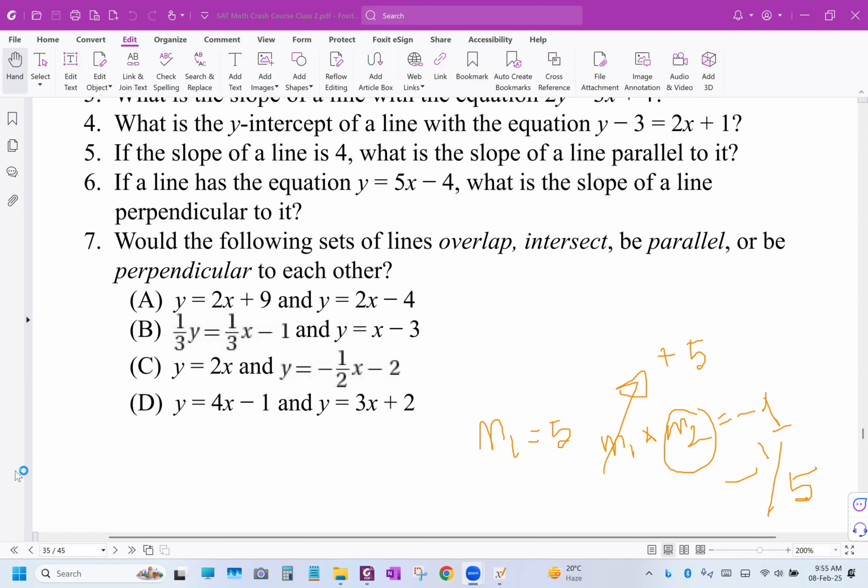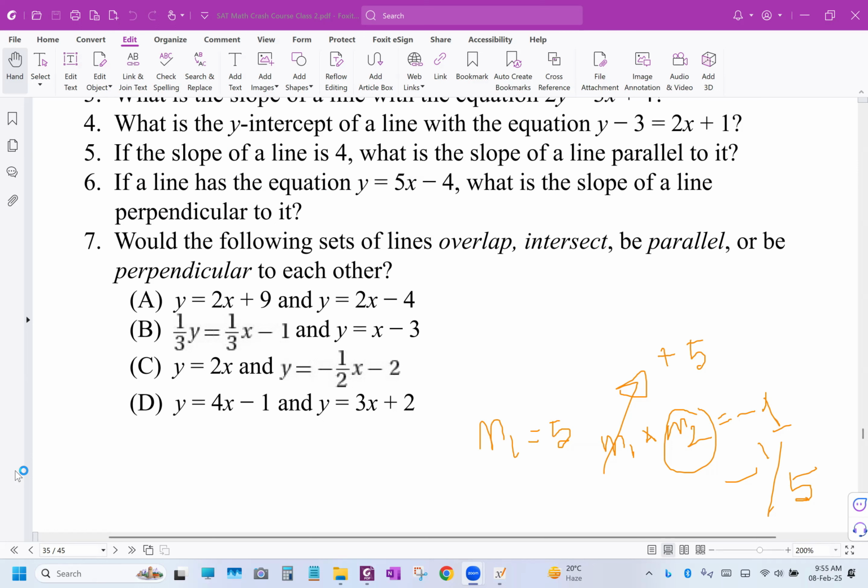For C, the two lines y equals 2x and y equals negative half x are perpendicular, right? Yeah, these two lines are perpendicular.